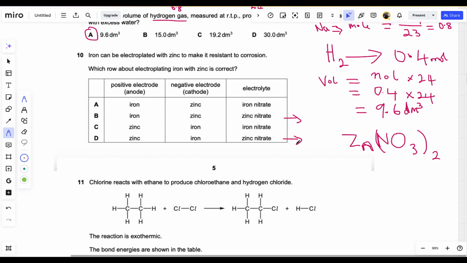Now, what differs is which one you use as the positive electrode. The positive electrode is the anode, and the negative is the cathode. Since you are going to coat iron, you should put it in the negative electrode. So iron should be in the negative electrode, and the positive electrode should be zinc.